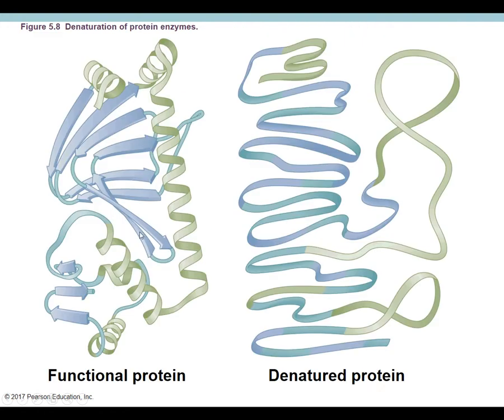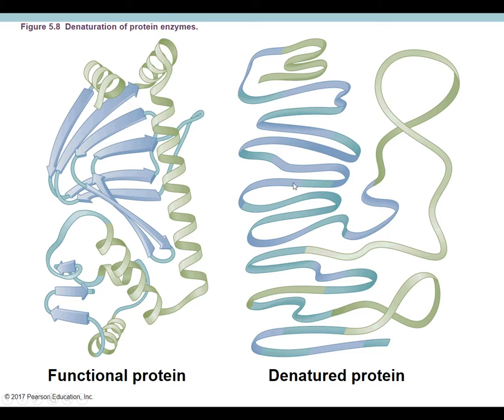So let's talk about temperature. The image on the left is showing a fully folded functional protein enzyme. And on the right side, you see a denatured protein. So it's unfolded. It doesn't have its three-dimensional shape.